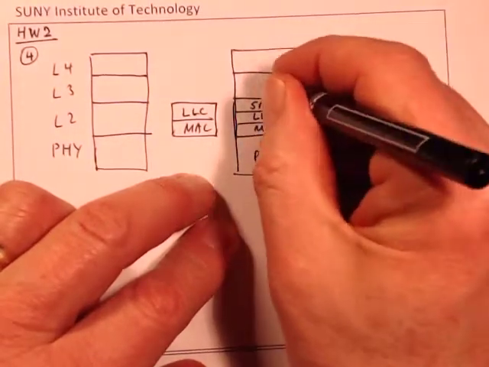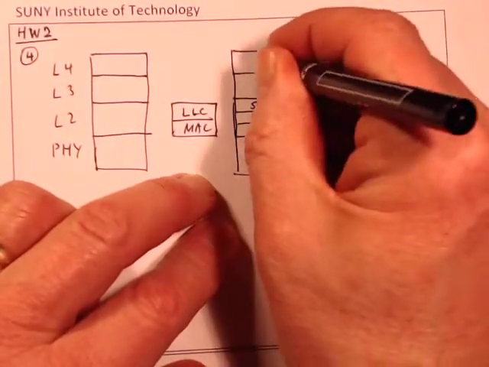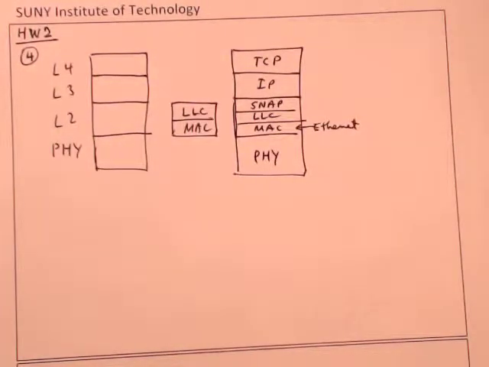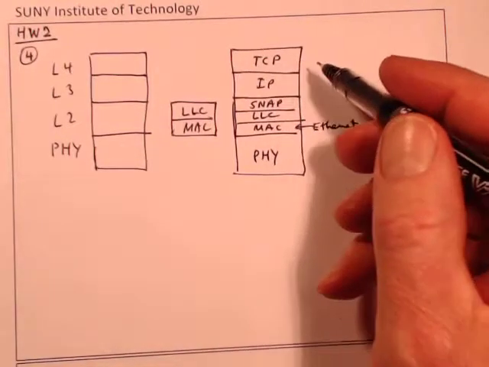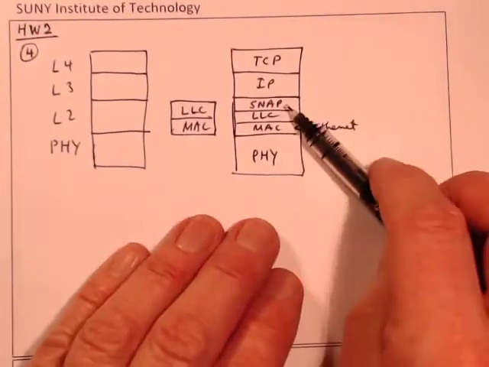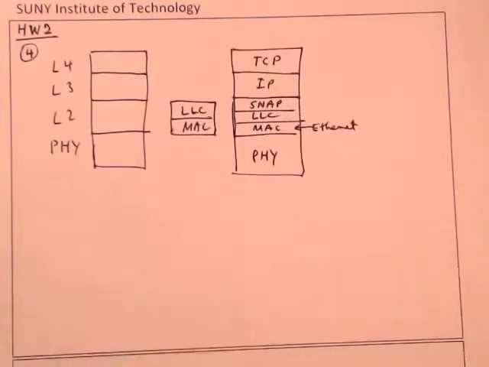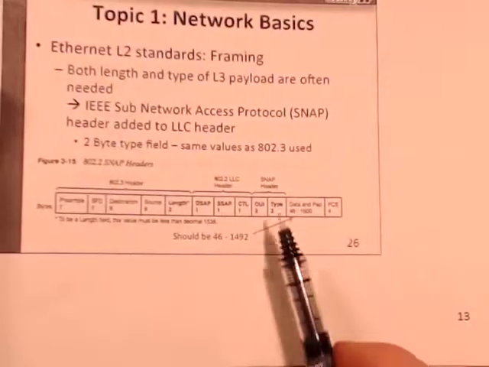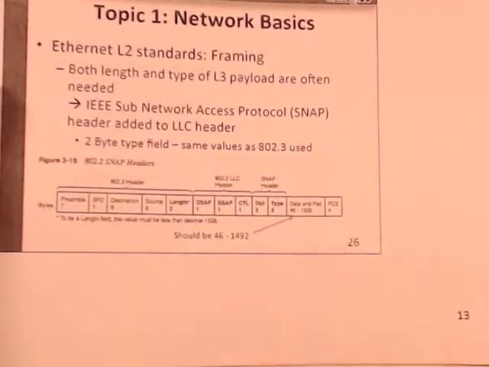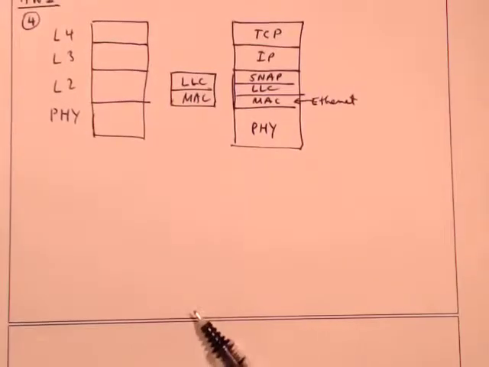And layer 3, IP, and layer 4, TCP. I think that answers the question. There's the transport layer, layer 4. So that's how the SNAP fits in, and you can tell where it sits simply by looking at the position of that header relative to the others. Okay, hope that helps.